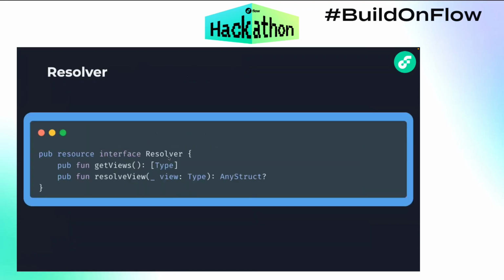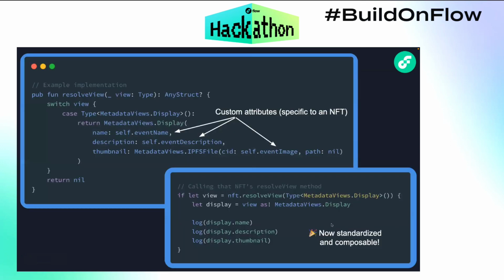The resolver has 2 functions: get views, which tells you all the different views that you have, and a resolve view function, which gives you specific details about that view. So you could have a get views function that tells you, okay, my NFT has a display view. And then when you resolve that view, it returns the name, description, and thumbnail for that NFT.